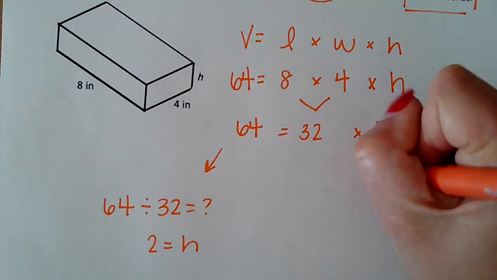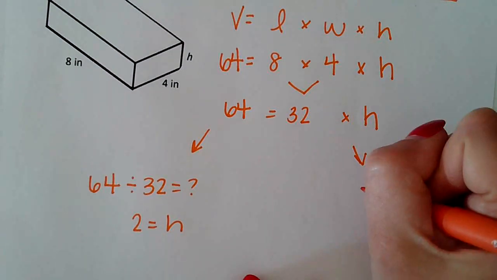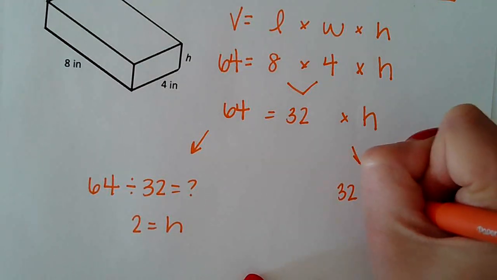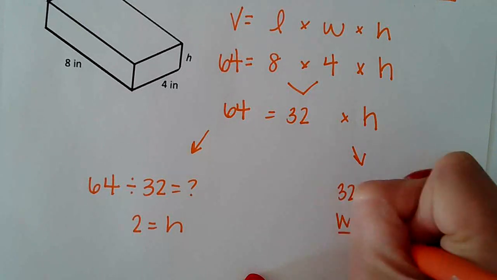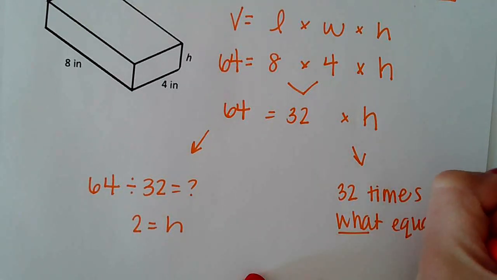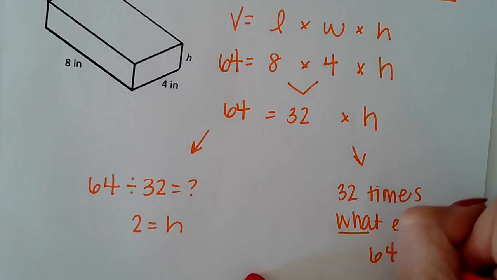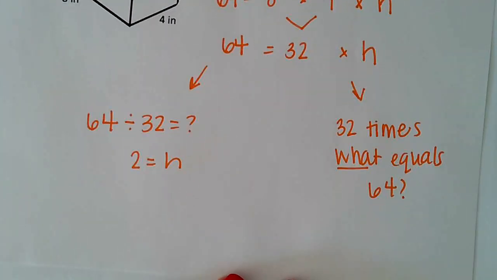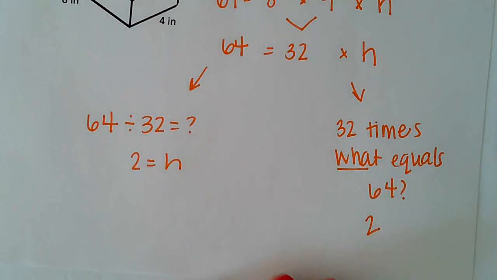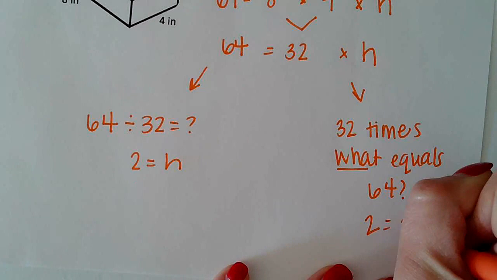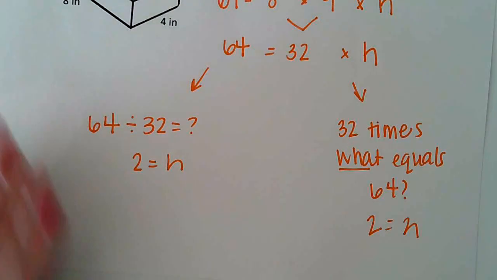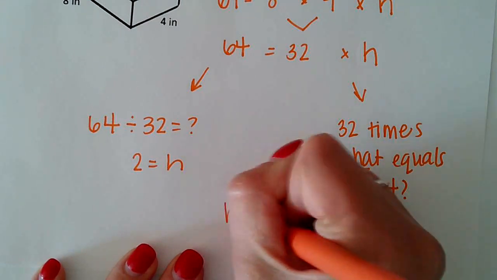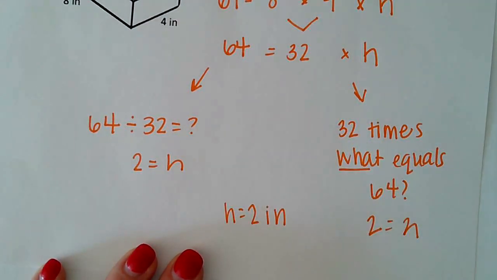Or option number 2 is to say, 32 times what equals 64. And I would still get 2 as my answer. So in the end, H equals 2 inches.